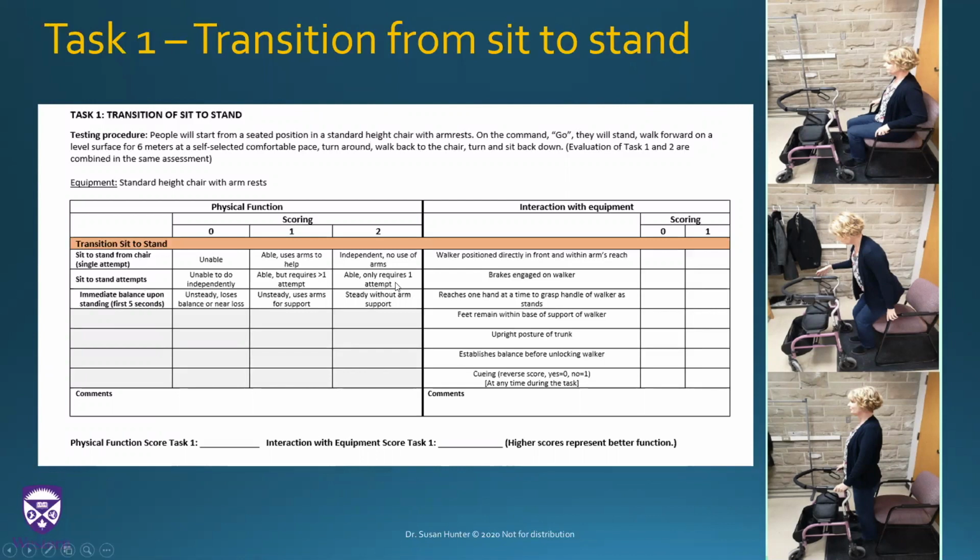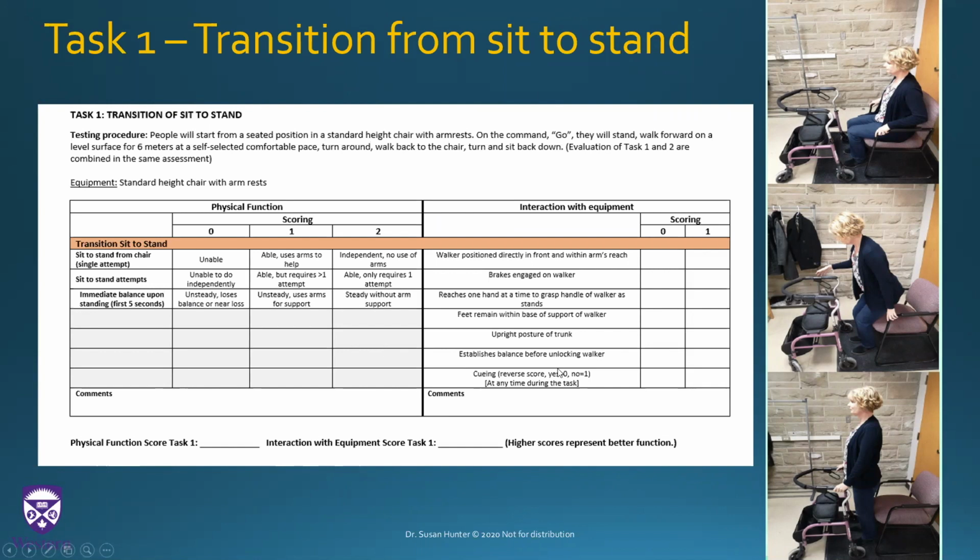If they only require 1 attempt, then they have full scores. If they need assistance, then they get 0. And then we look at what their balance is upon standing. If they're steady without arm support, they have full scores. If they need to use their arms to gain balance, 1 point. And if they're unsteady, then they get 0.